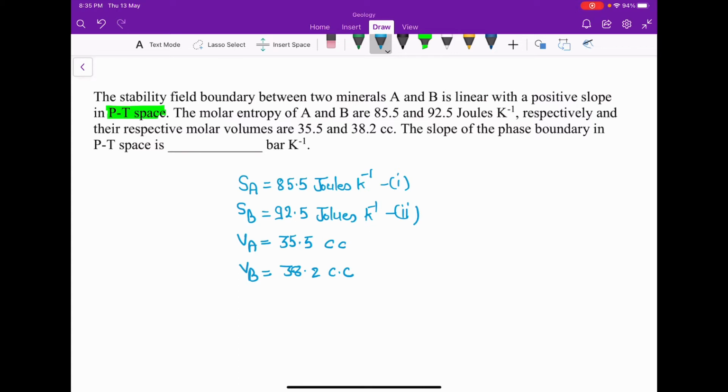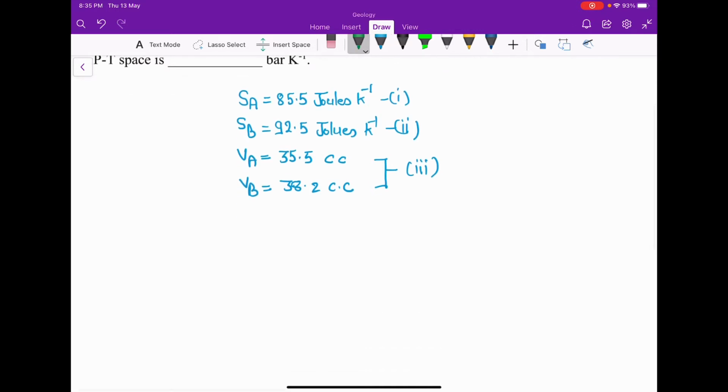If we consider this as equation number 3, the slope of the phase boundary in pressure temperature space is given by the Clausius-Clapeyron equation. So first we will derive the Clausius-Clapeyron equation.